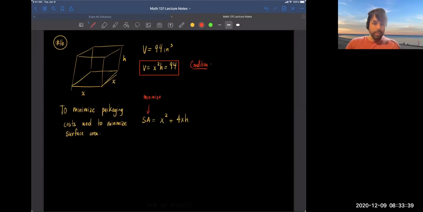Now, what's the issue? The function that I want to minimize has x's and h's together.